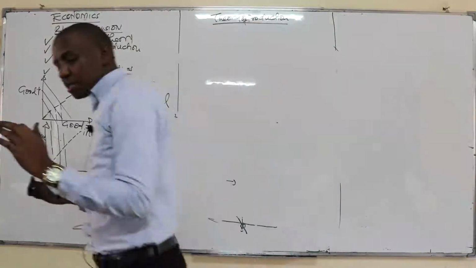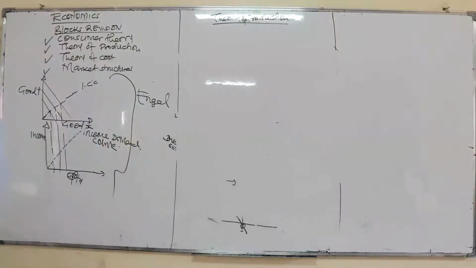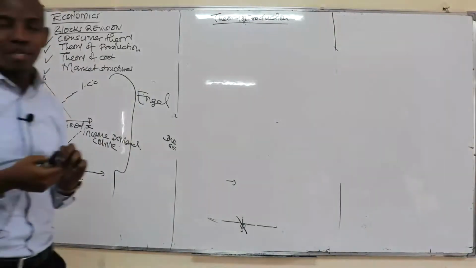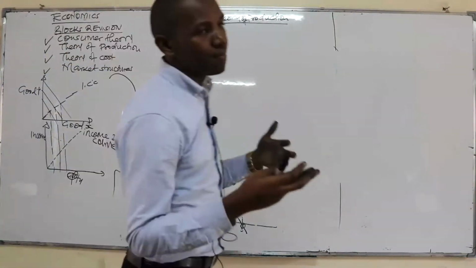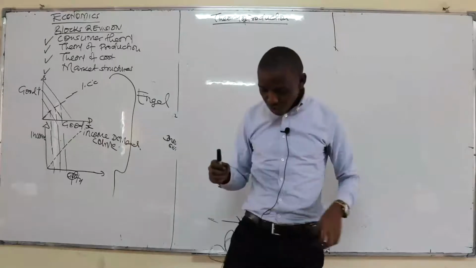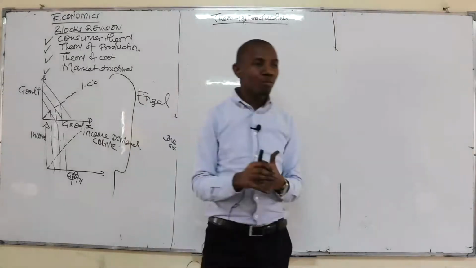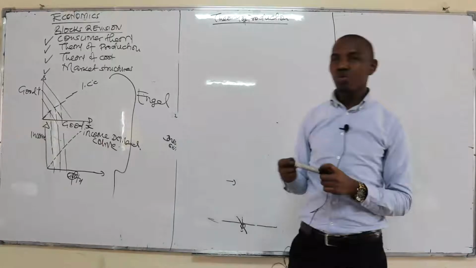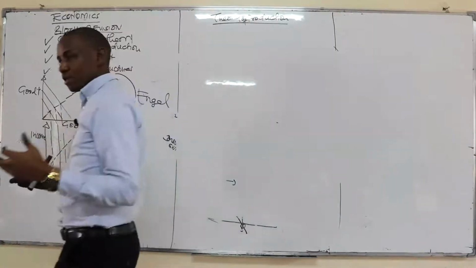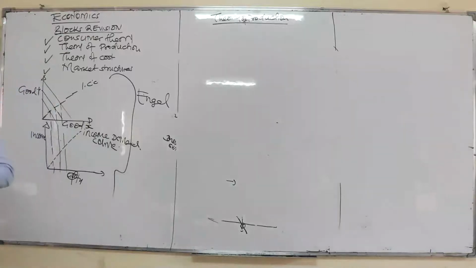The other one is the mobility of factors of production. In this case, there are normally two aspects of mobility: we have the occupational mobility, and we have the geographical mobility.